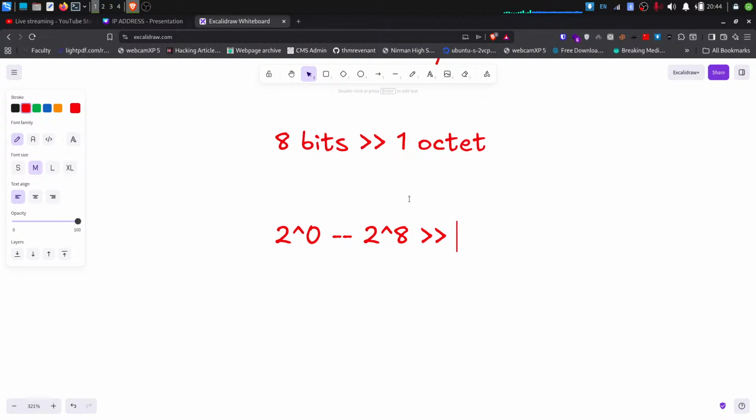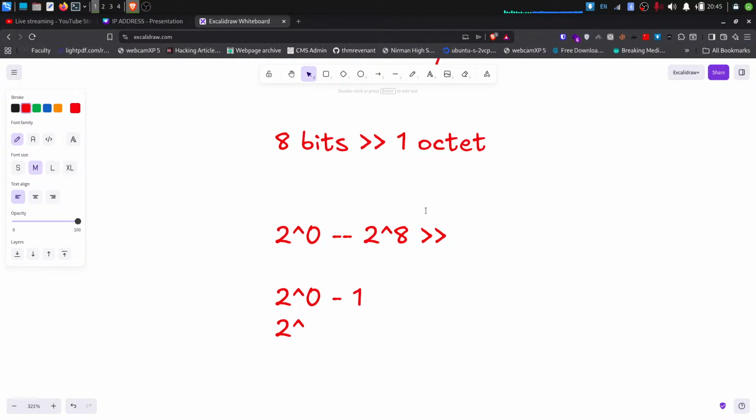Not 255. It's not 255. 2 to the power 0 is equal to 1, right? I'll just break it down for you guys. 2 to the power 0 equals 1.